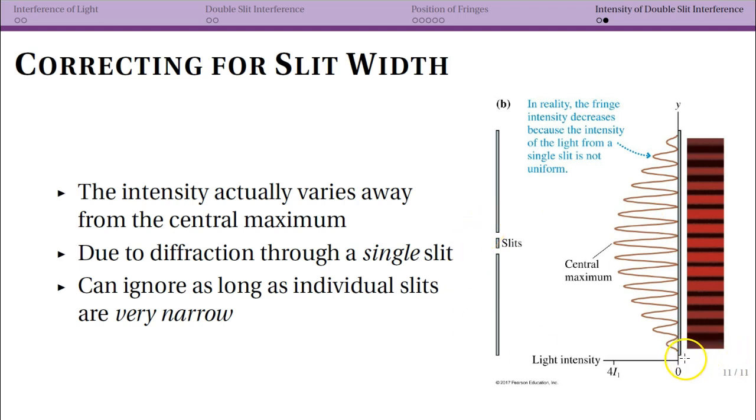So what you'll actually observe if you go to do this experiment is that they are varying in brightness, but that isn't due to any aspect of the double slit experiment, not at least how we've derived it, but it just has to do with the finite width of an individual slit. The wider you make each slit, the more you see this and the faster it falls off.